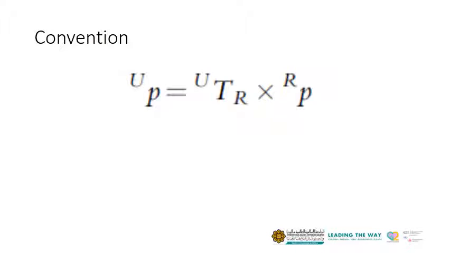Now, the convention here is we say UP equals UTR multiplied by RP. We will see these things very often in our textbook. So let's see what it means. UP is the position of the point P related to the original frame, or basically the universal frame.